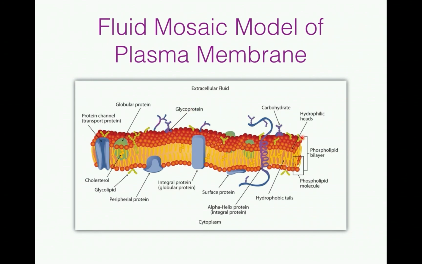And this is a tri-layer structure where there is protein, this is protein, and between them there is a phospholipid bilayer. So it is the fluid mosaic model of plasma membrane.